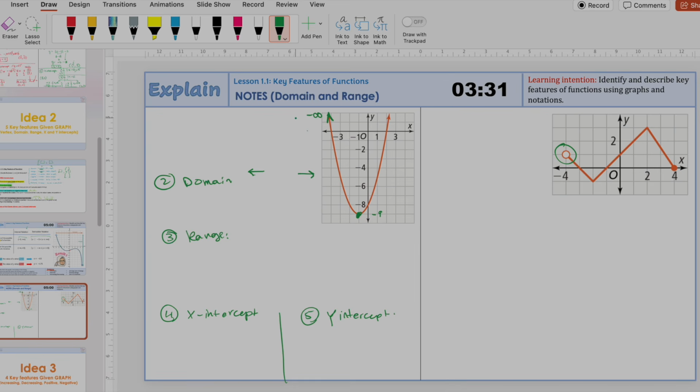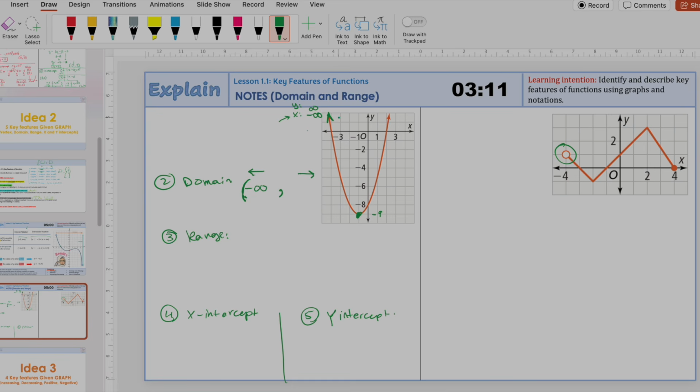In the y value it's going up to infinity, but because I'm talking about the domain, I will only care about the x values. So it's negative infinity on the most left, because infinities are always arrows, they are always open.